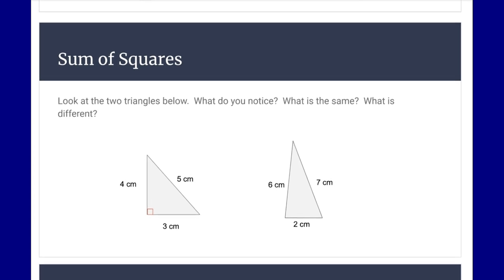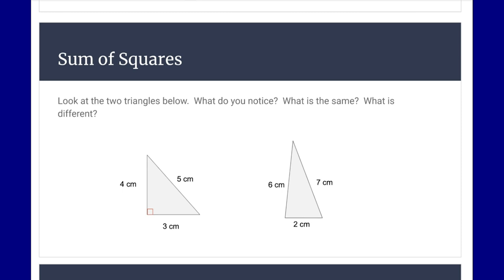Take a look at the two triangles below. What do you notice? What is the same and what is different? Well, you might say that all their sides are different, right? 5, 4, 3, 6, 7, 2. They have a long side and two shorter sides. They're both triangles.